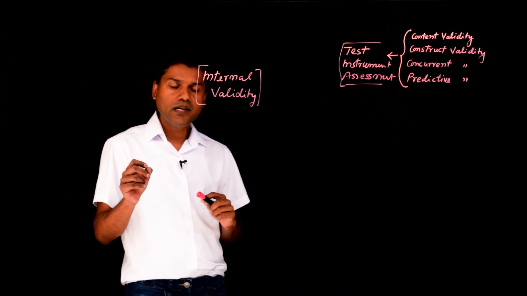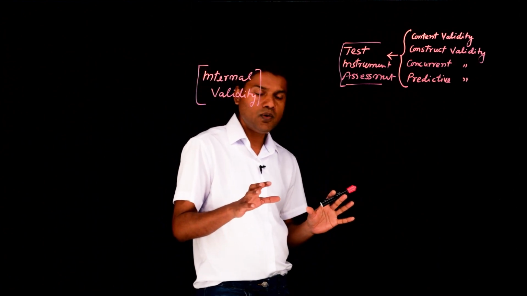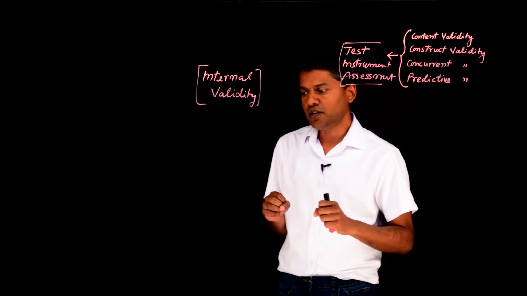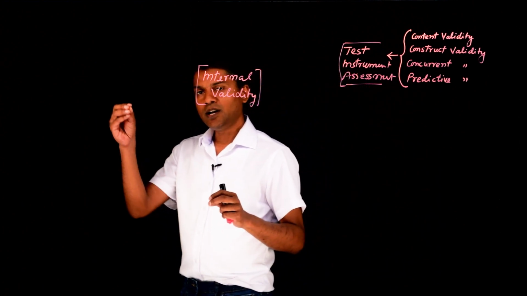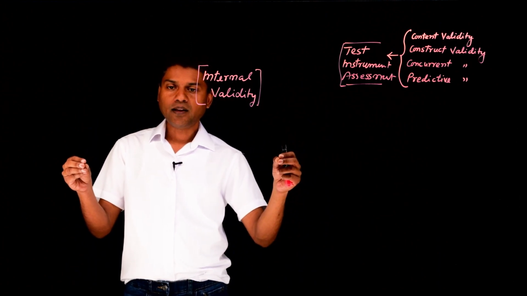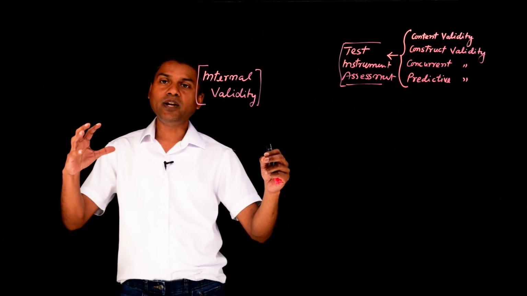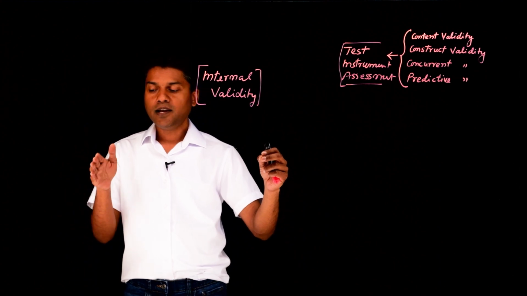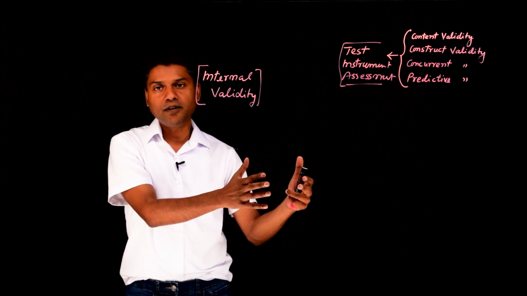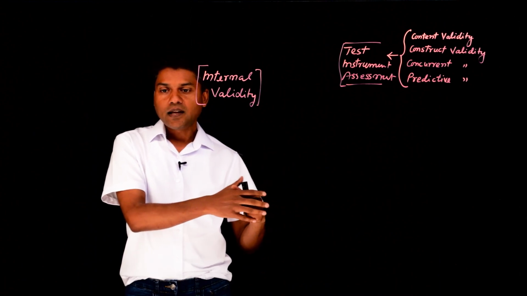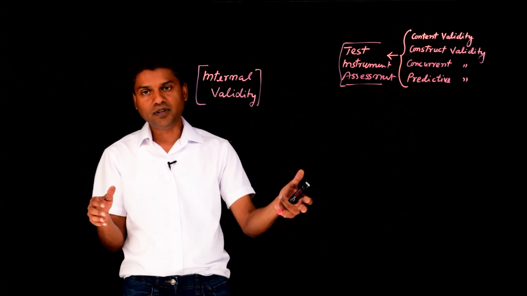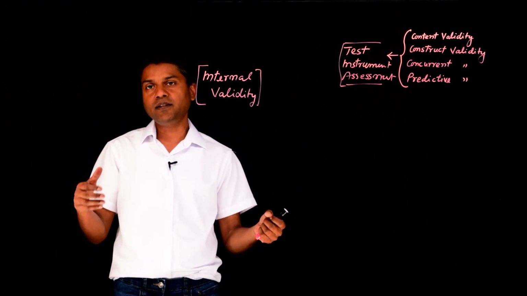As you know, in an experimental study or other quantitative studies, you have an independent variable and you have a dependent variable. As a researcher, you manipulate your independent variable and see the impact of that manipulation on the dependent variable. You measure that, and then you say the changes happening in the dependent variable are caused by the manipulation in the independent variable.